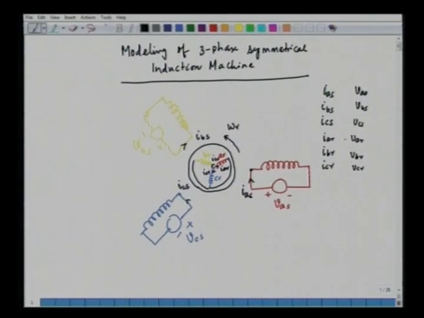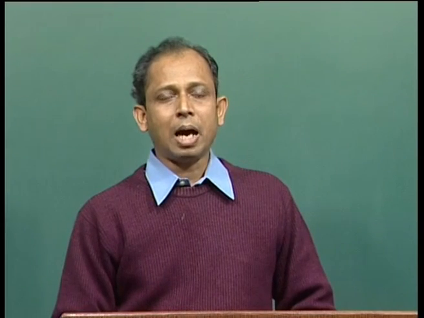For a normal induction machine VAR, VBR and VCR are supposed to be 0 because the windings are short circuited. So these are 0 voltages. So we can simulate an induction machine in actual variables, and the actual variables are IAS, IBS, ICS, IAR, IBR and ICR, and the forcing functions are VAS, VBS and VCS, VAR, VBR and VCR.